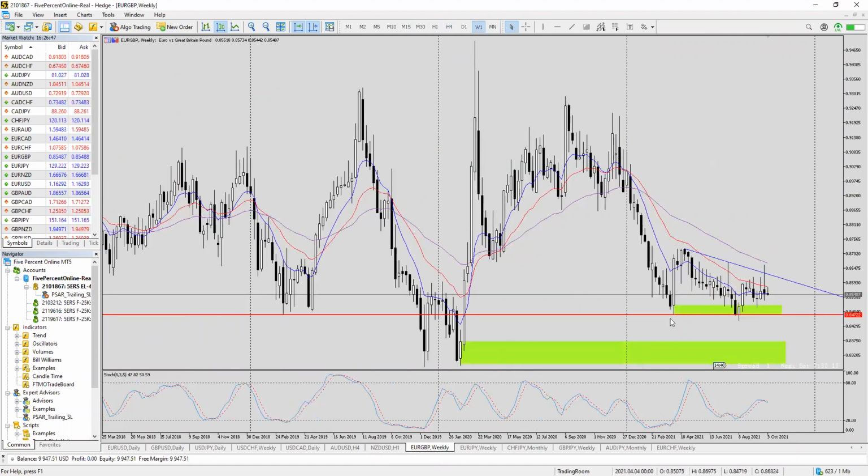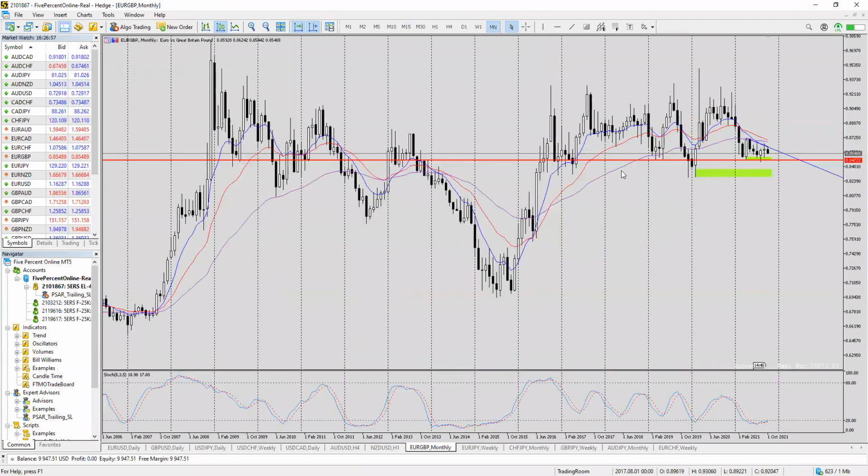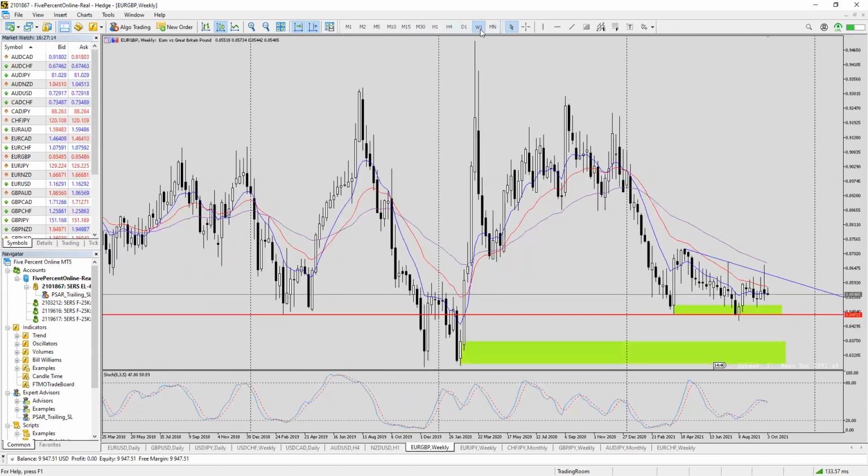Euro Pound continues its sideways movement just above this demand and below this trend line. The overall sentiment is a little bit more bearish than bullish, even though you can see that it's been ranging in the last few months, or pretty much all year long.